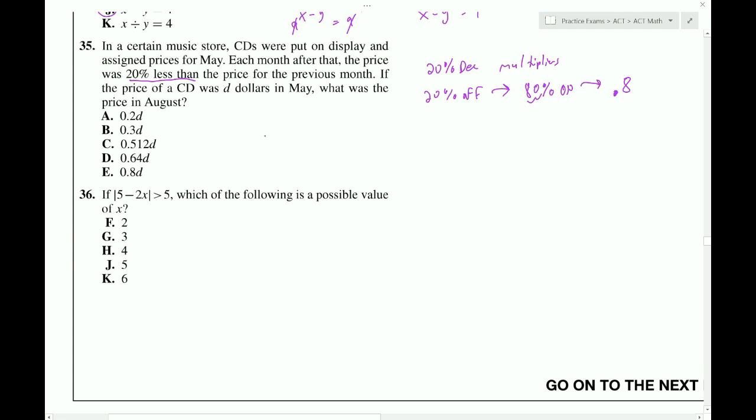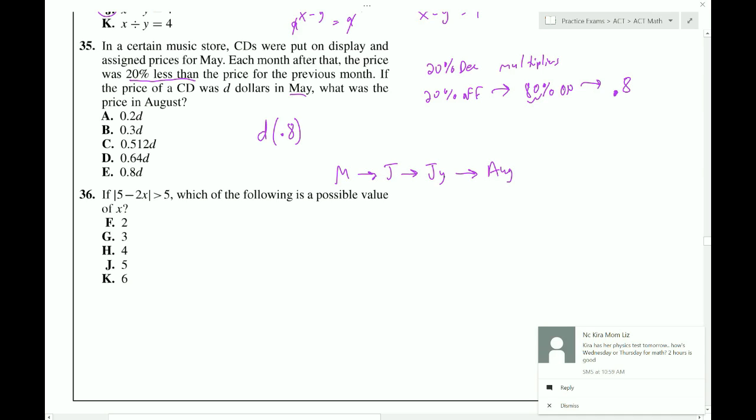If the price of a CD was D dollars in May, what was the price in August? So we're starting with an original price of D dollars, and we have to apply the multiplier of 0.8 several times. How many times? Well, how many months have passed? We went from May to June to July to August, so that's 1 month, 2 months, 3 months.